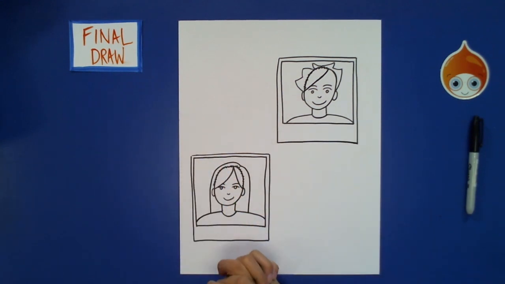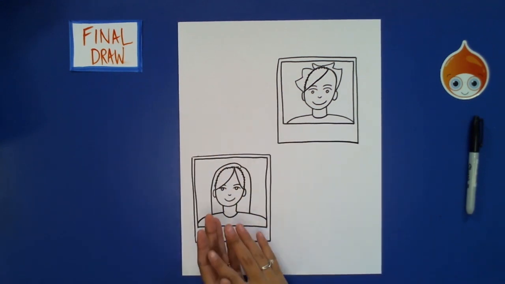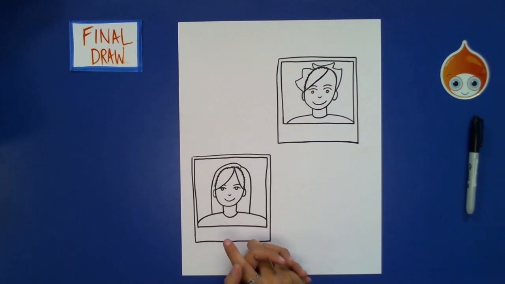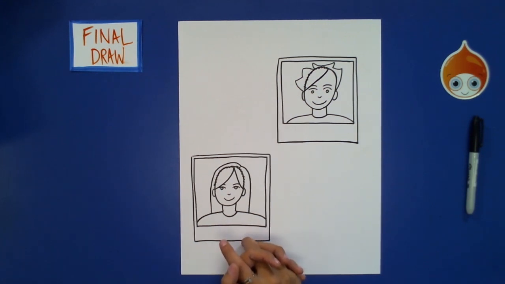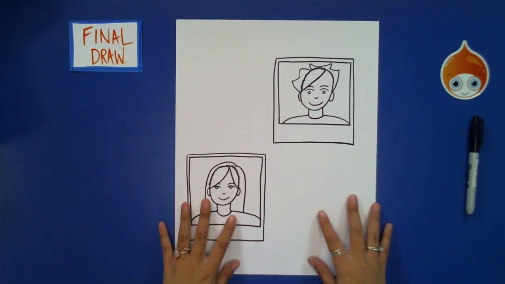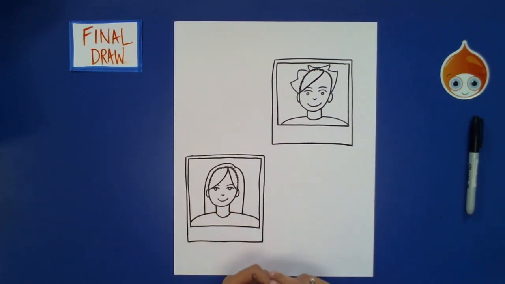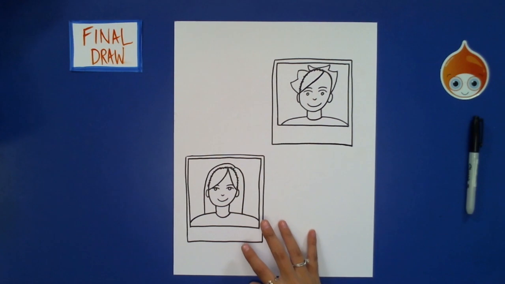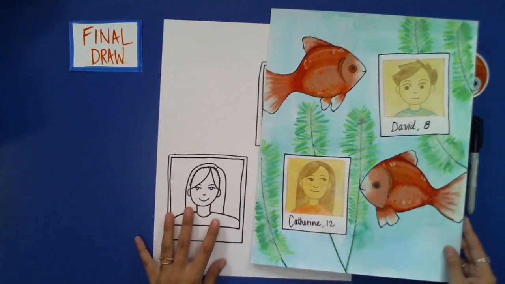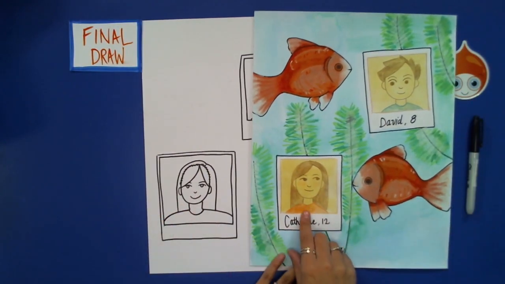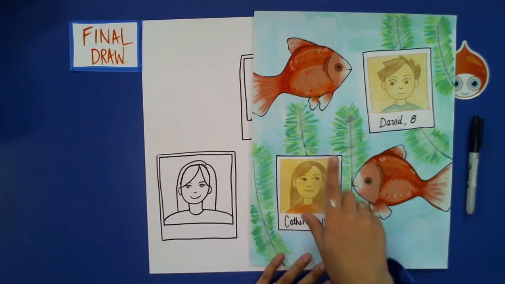Okay, so backtracking a little bit, one of the rules that Catherine comes up for David is no toys in the fish tank. And that was one of my favorite rules because it's so cute and so funny. And so what we're going to be doing today is, I'm going to show you my sample here.